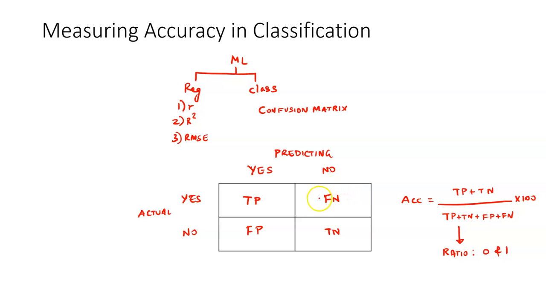Similarly, I can also assess how good the model is in assessing the negative aspects, the negativity, right? That is true negative divided by true negative plus false negative. So I can look at accuracy, I can look at the sensitivity for positivity, sensitivity for negativity, right? I can use those kind of measures as well. I can play around with the information in this table and arrive at different sets of metrics depending on the type of model I am working on, right? So please keep this in mind.